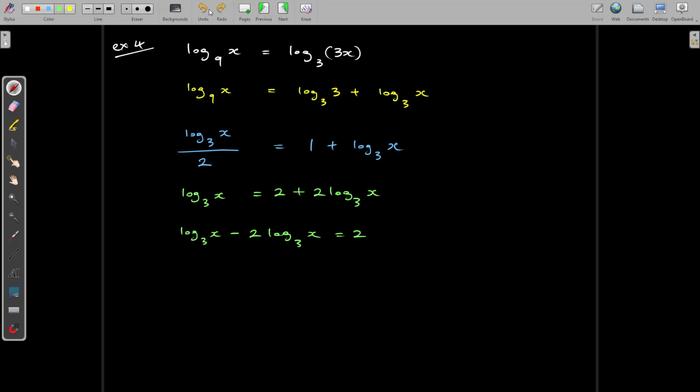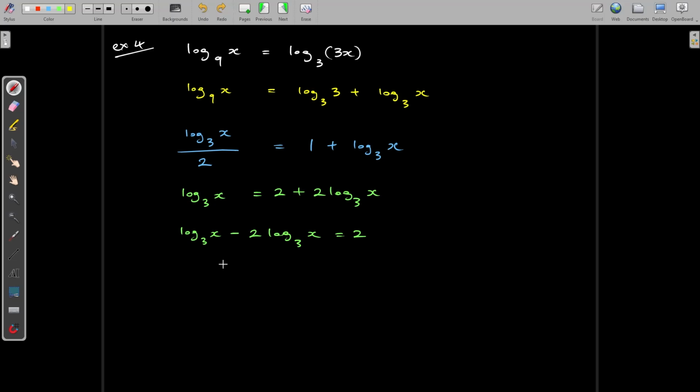The reason we're going to do that is because we want to change this to its exponential form, and that would make our lives much easier.